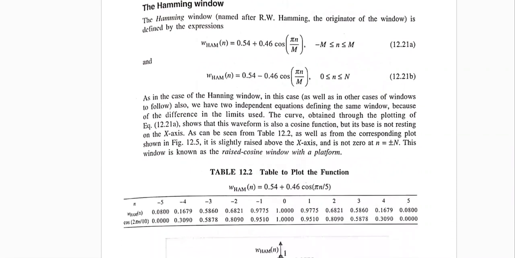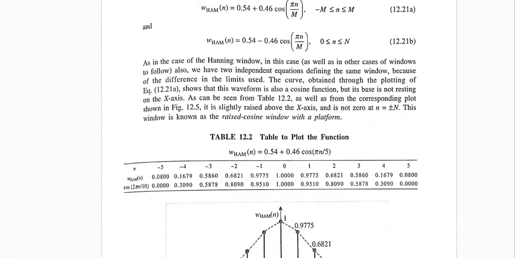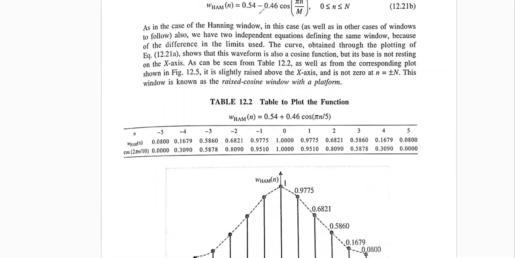The same pattern, but with a different coefficient. They have this value and this value, 0.54 plus 0.46 cos, and they are defining it like this. Of course, again, they are making some mistake. That should be plus. That should be plus.